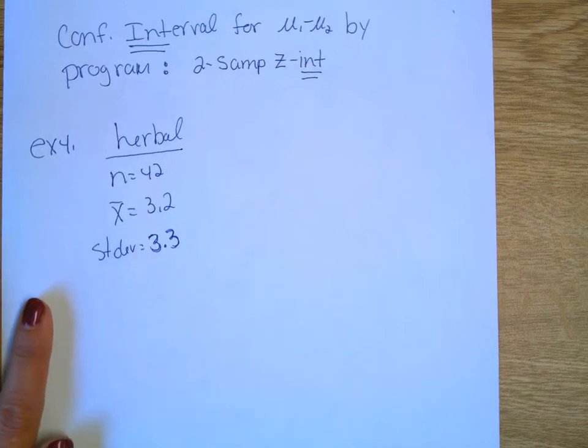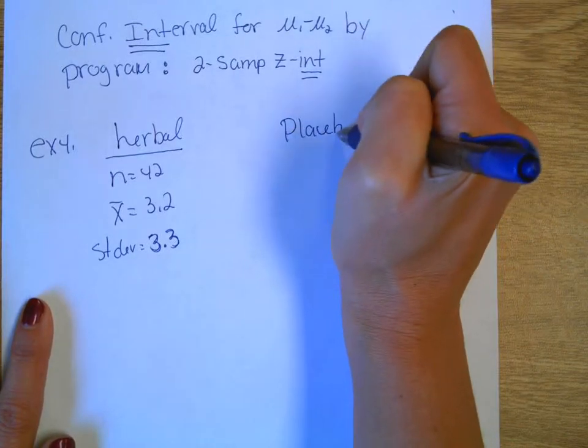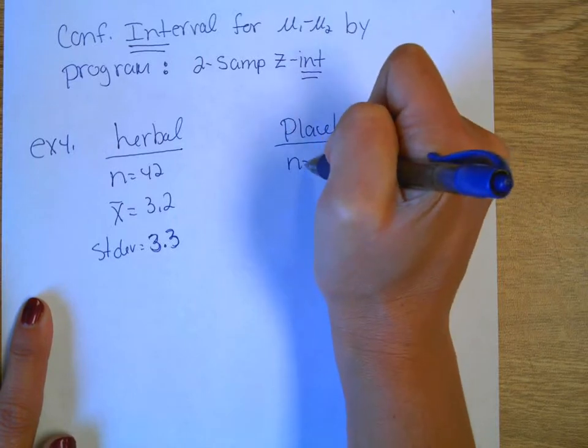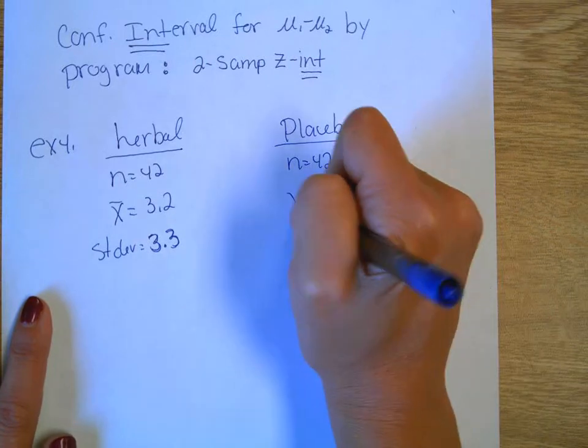Okay. During the same time period, 42 subjects using the placebo and a high fiber, low calorie diet had a mean weight loss of 4.1.